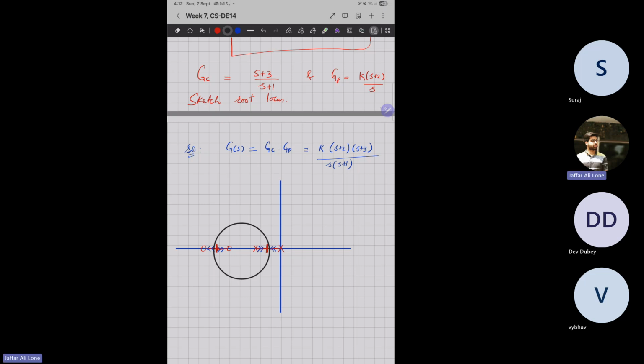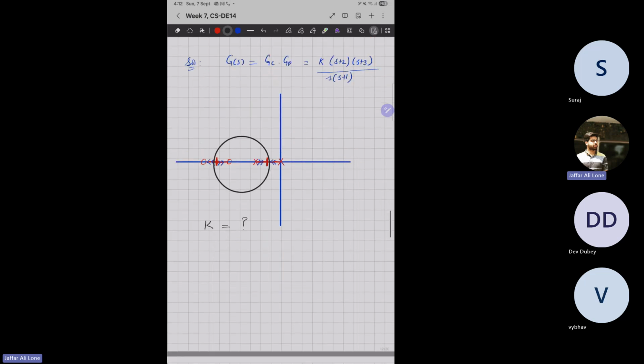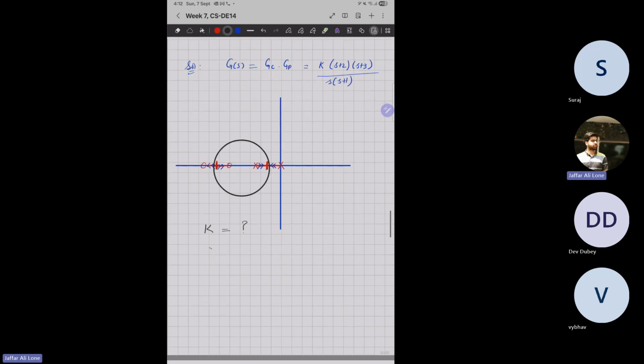Now just tell me what is the center of this circle. For the center, you need to find the expression for K. And after that, you will get dK by dS. Put that equal to 0. Please solve it. I'm just giving you a hint.